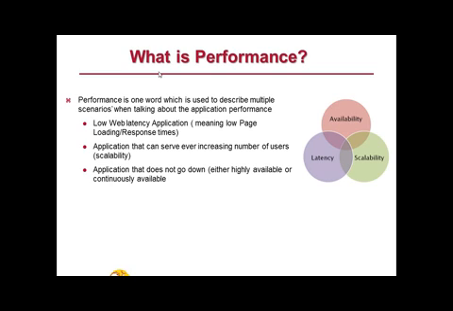A high-performance application could be an application which can serve an ever-increasing number of users. That means you will have scalability, and an application that grows, that doesn't go down. So you need to have a reliable application which can continuously support your user base and increase their productivity.